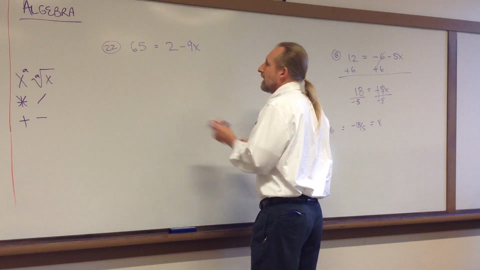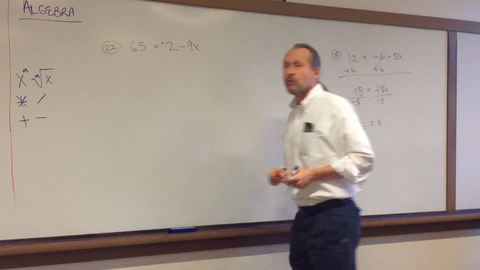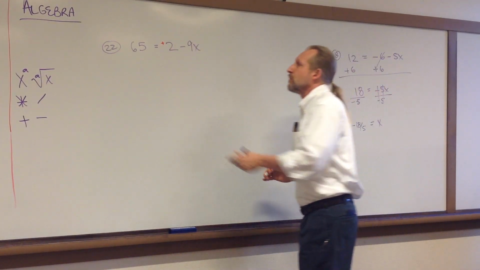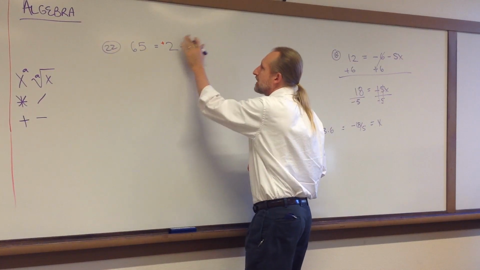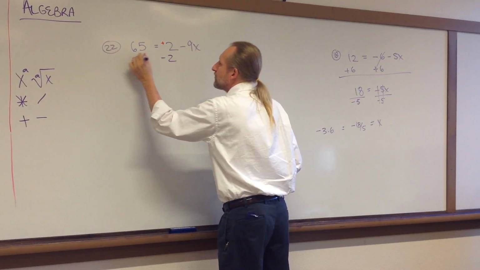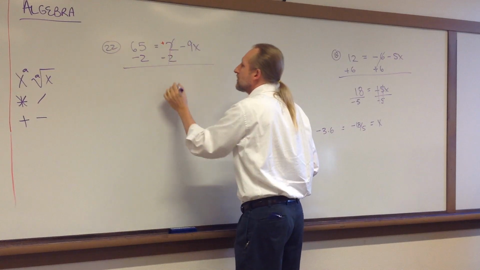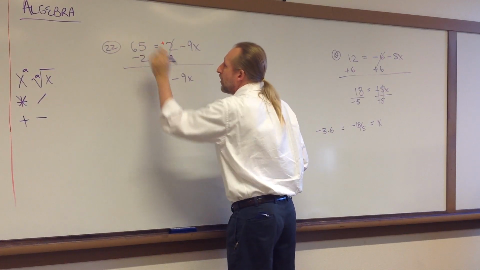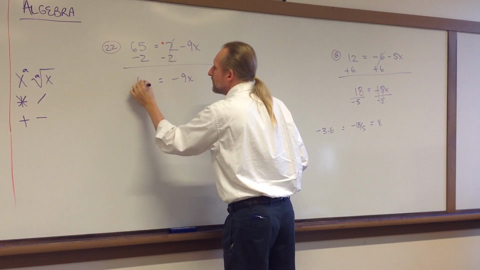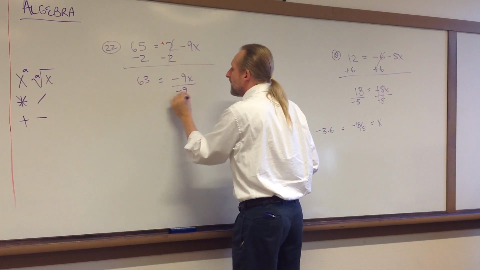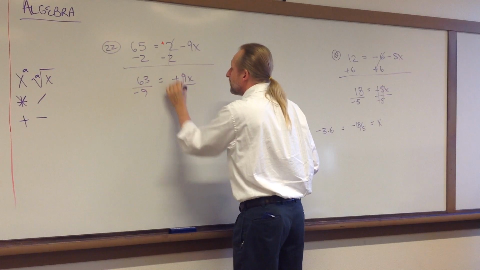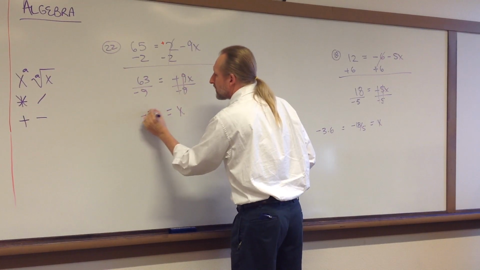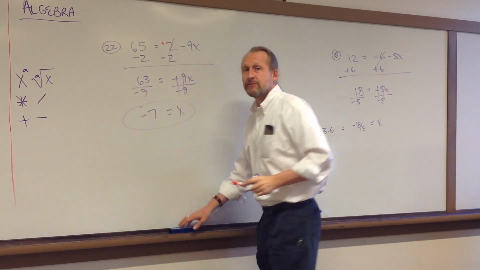Here, the 2 doesn't have anything in front of it, so we know it's a positive 2. So if we want to cancel that out to get this minus 9x by itself, subtract 2 on both sides. Don't lose the negative sign that's attached to the 9. Over here, 65 minus 2 is 63. And then divide on both sides by negative 9. And your x should be equal to negative 7.